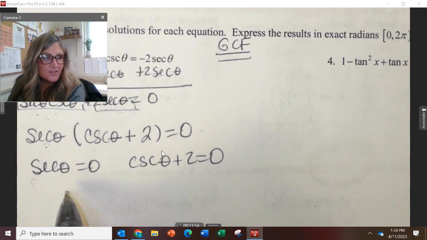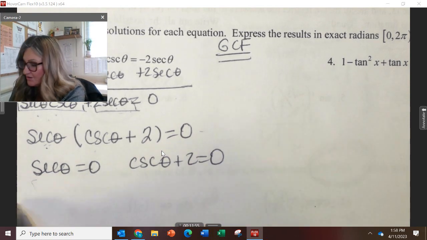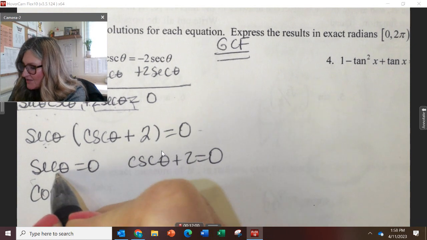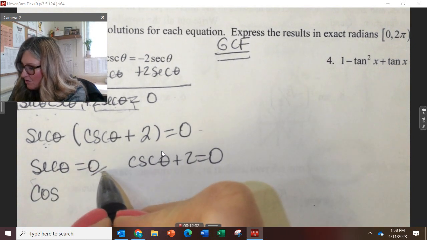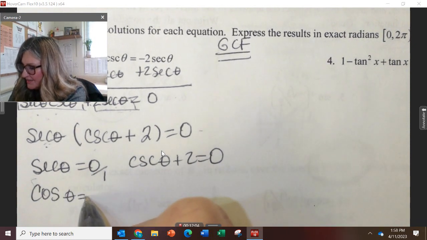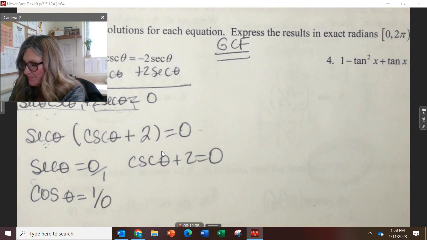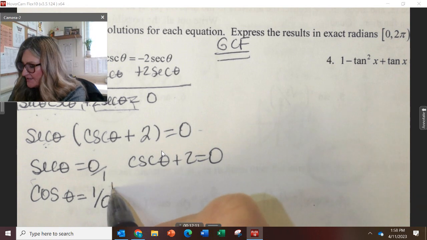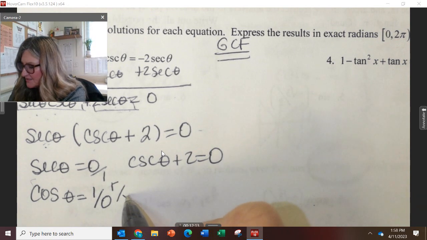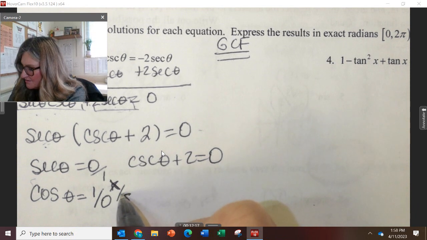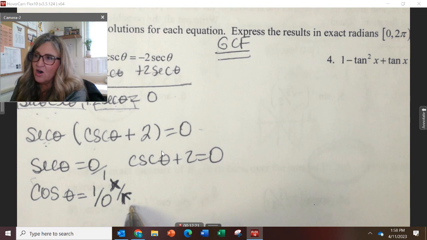What is secant in terms of x, y, and r? Or actually, let's take it into cosine first. So if I have secant theta is 0, that means 1 over cosine theta is 0. Cosine is x over r.